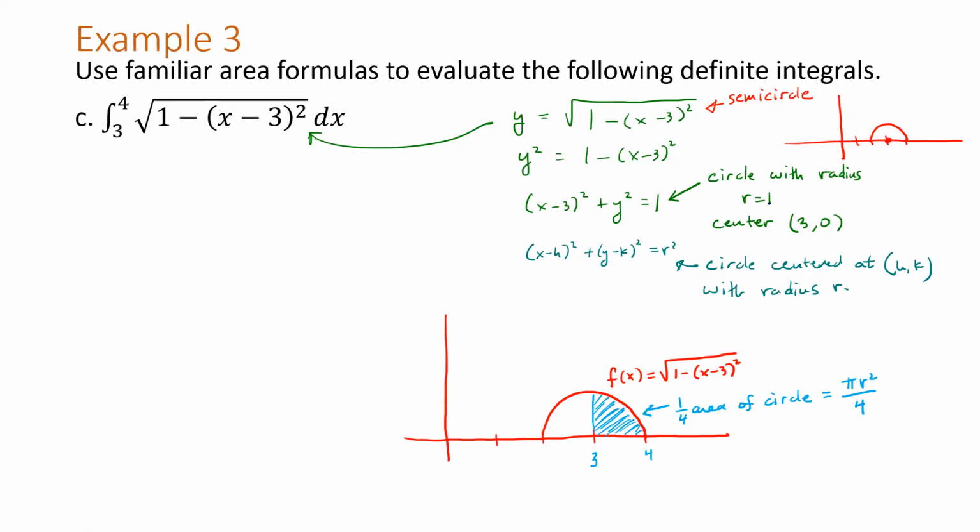In this case, the radius is 1, so that makes it just pi times 1 squared over 4, which is just pi over 4. So this integral, without actually doing any integration, represents a region with area pi over 4.